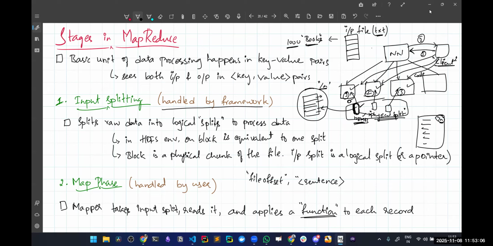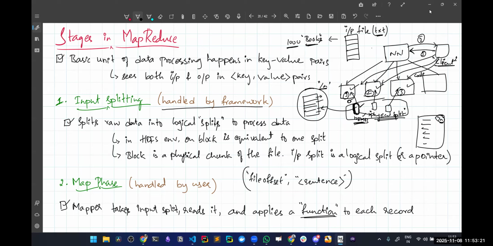My mapper says, since I got my input here, already in my RAM, I'll read it.